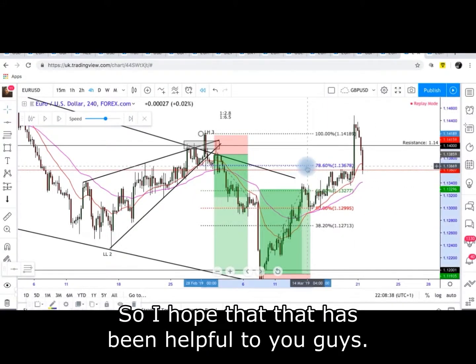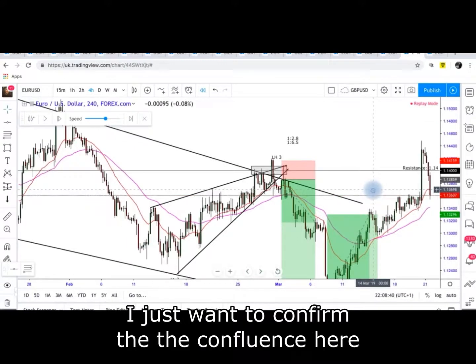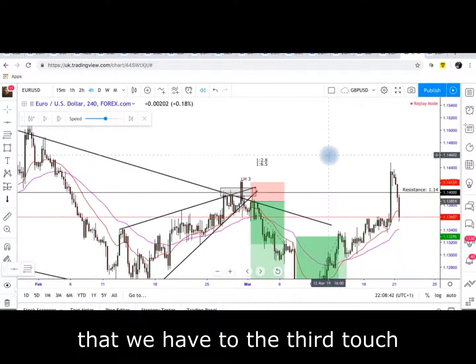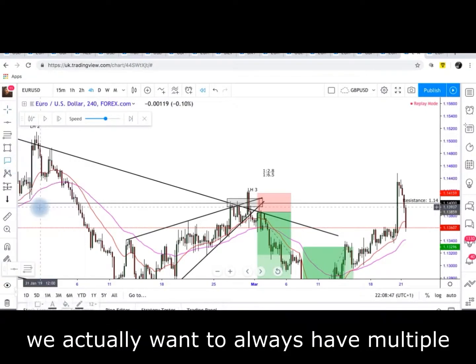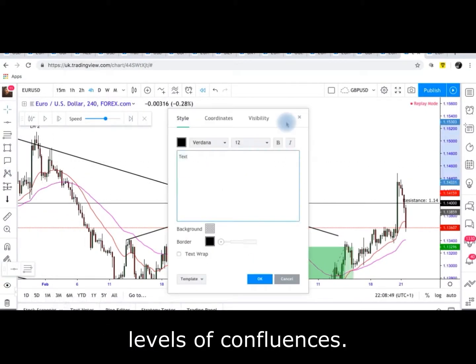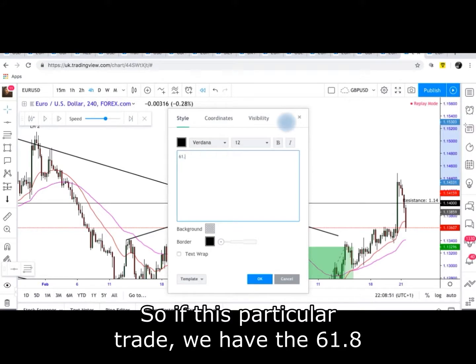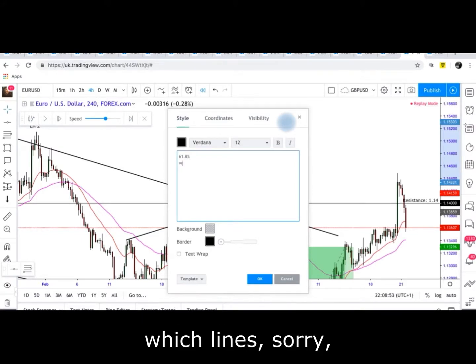I hope that has been helpful to you guys. I just want to confirm the confidence we have for the third touch, because we never just want to trade off the third touch. We always want to have multiple levels of confidence. So for this particular trade, we had the 618%, which lines up with our potential third touch.